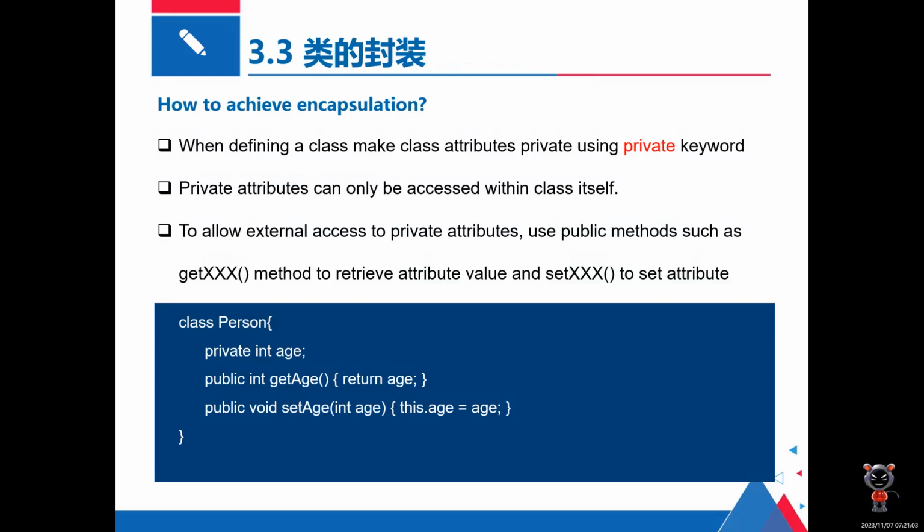So let's say we have a person age which is a private integer and cannot be accessed outside the class. We make 2 public methods for this attribute. The first method is getAge, which will return the value of the age member variable. The second one is setAge, which you can use if you want to assign a value to the member variable. This is how we can achieve encapsulation in Java programming.